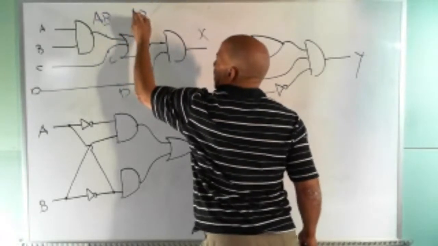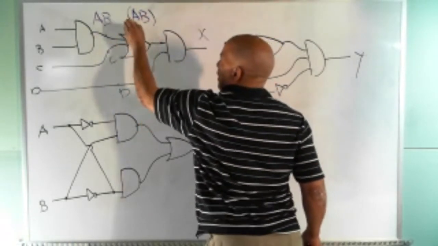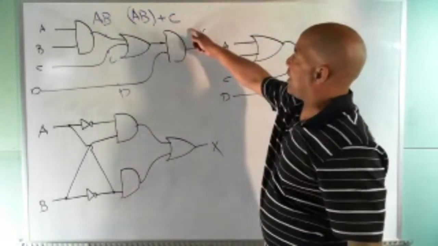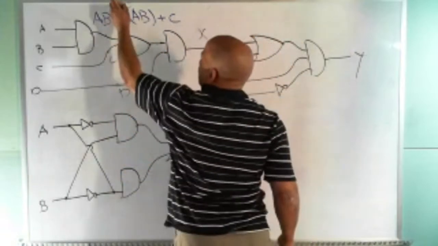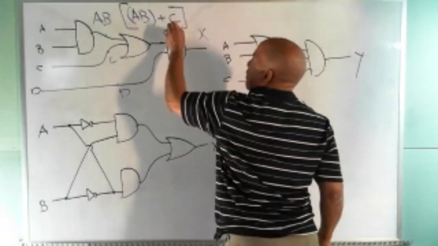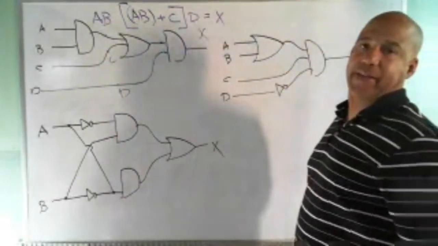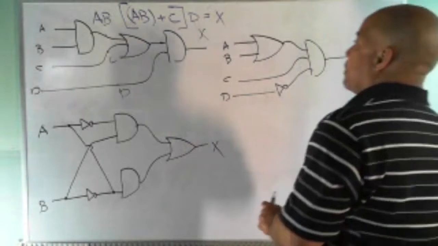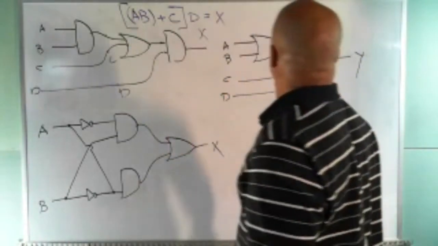I gotta take the AB and I gotta OR that, so I'm taking this whole thing and ORing it with C. And I gotta take all of that and AND it with D. So I'm just gonna use a bracket right here, put my D there, and set that equal to X. So I'm using brackets and parentheses just like you would in regular algebra. So I think that's correct, what I have there.